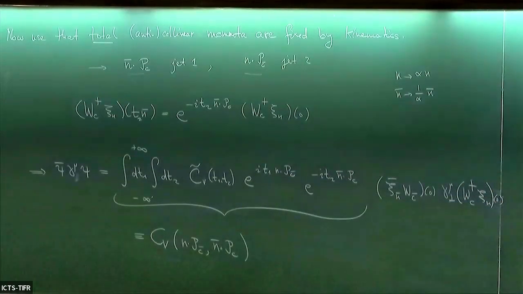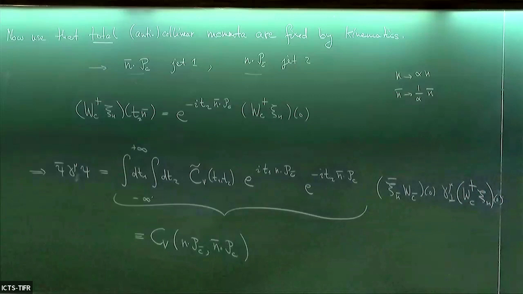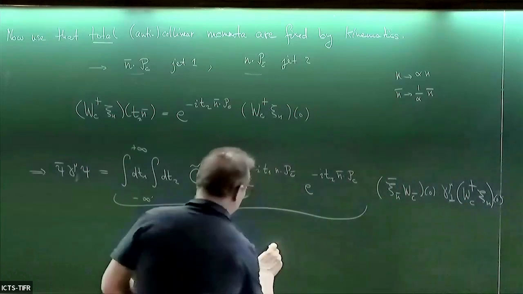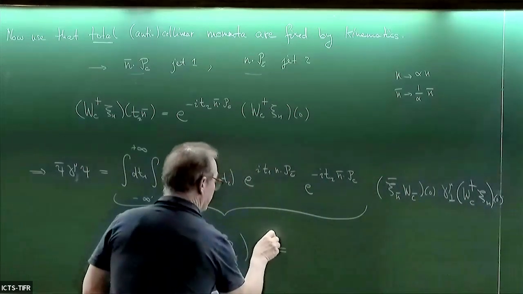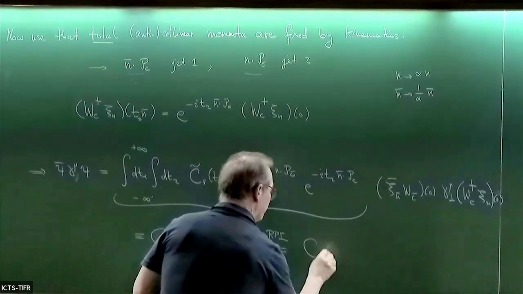If this coefficient should be invariant under this rescaling, what can you conclude about the dependence on the two variables that this function in general has? It can only depend on the product. So this is by reparametrization invariance. We know this function can only be a function of the product.